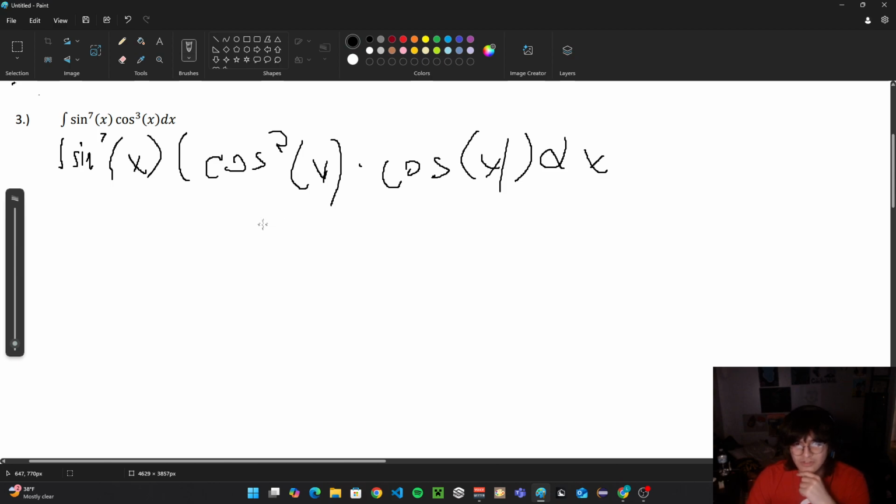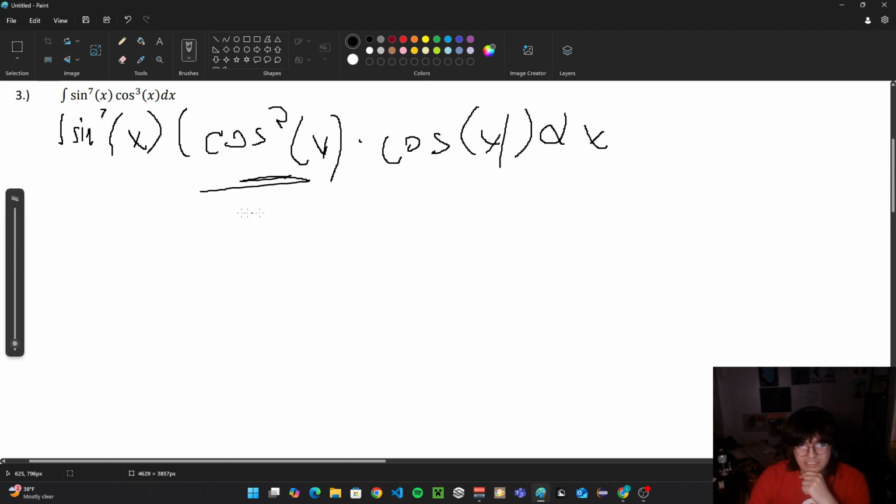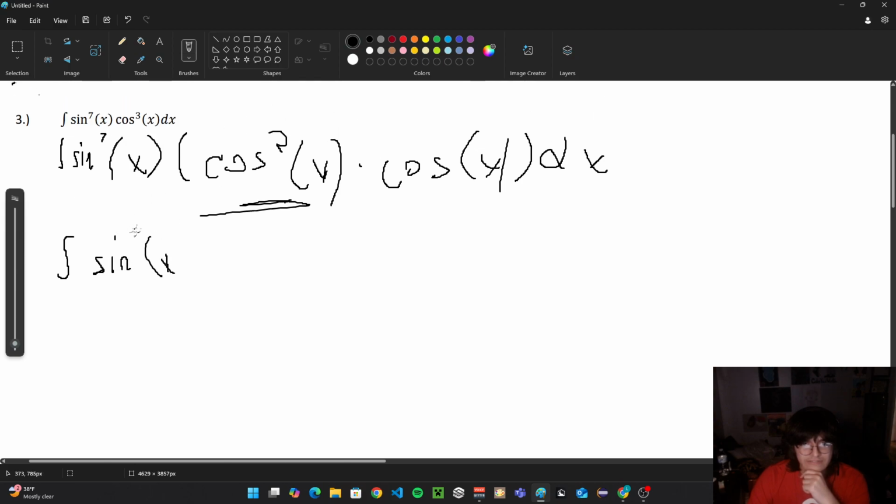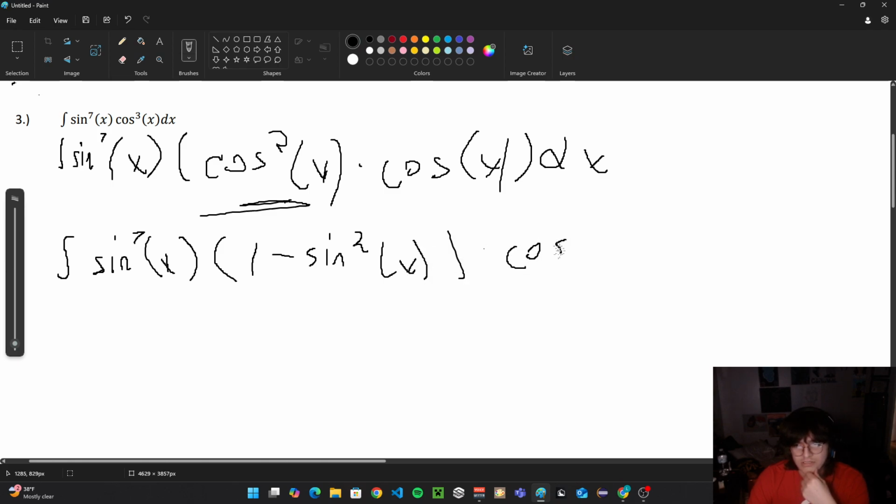So now use the identities to change this cosine squared. So the integral of sine to the power of 7 x, can't forget 7, times 1 minus sine squared x times cosine x with respect to x.